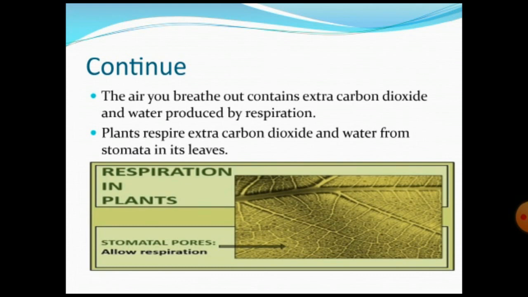Now what are stomata? Stomata are basically small openings under the leaves, and you are aware of this. You have already read about stomata and how they function. So stomata are the openings where carbon dioxide and water are removed from the plants.